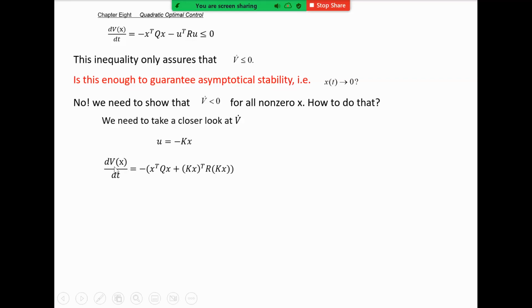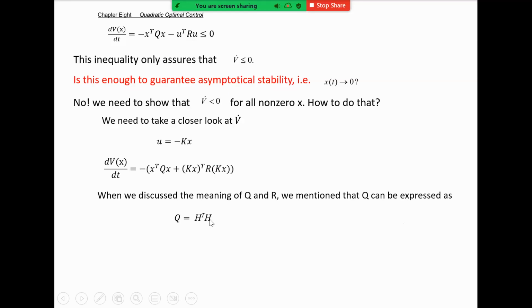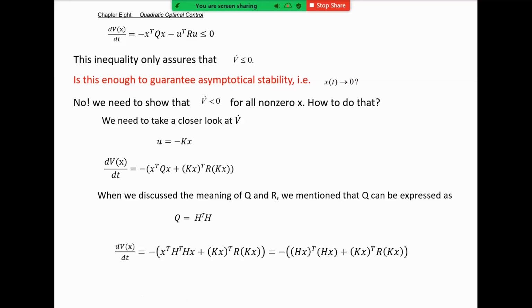So dV/dt is just minus x transpose Q x minus, now this u is Kx, transpose R Kx. Now here is the place where we want to express Q in terms of H. That's the purpose for proving the stability. Then we plug in Q, which is H transpose times H.